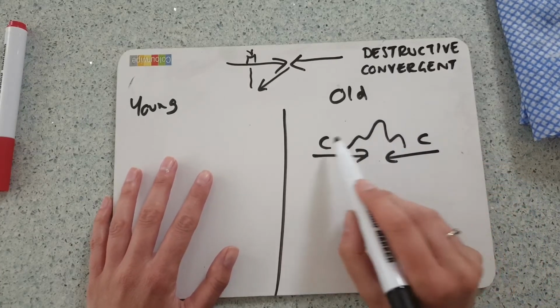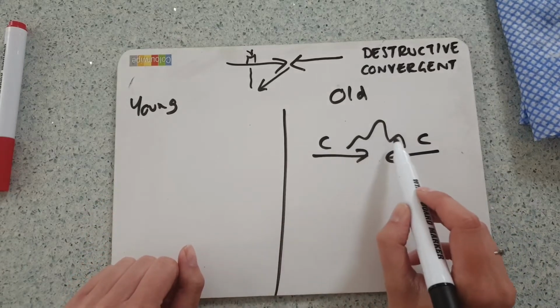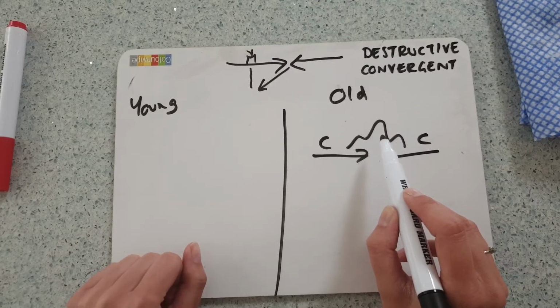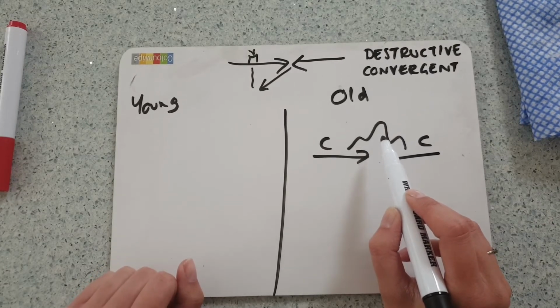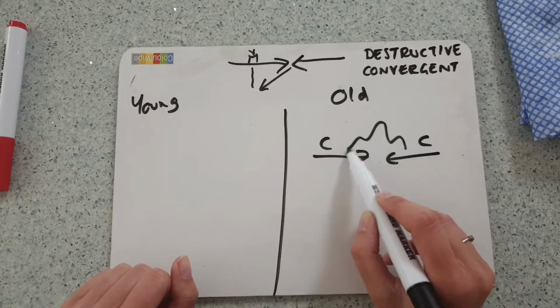They're called old because continental crust is older than oceanic crust, hence the actual rock here will be really, really old rock. Best example of this is when India crashed into southern Asia. It created the Himalayan Mountains, the highest and oldest mountain range in the entire world, and they did exactly this.